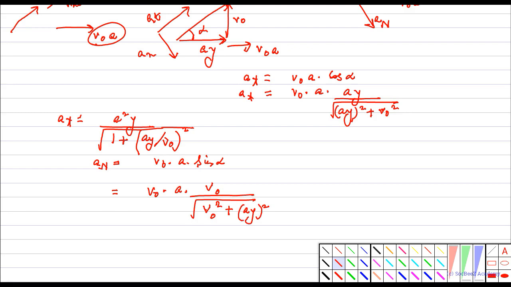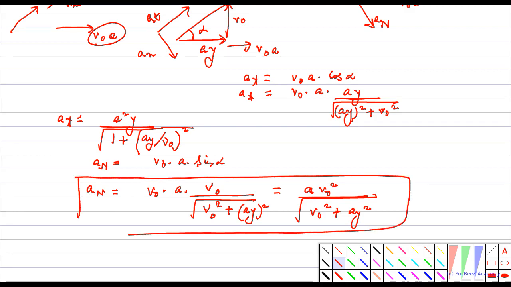So this turns out to be a v0 square upon root over v0 square plus ay square. So this is the normal acceleration. Fine, this is what we had to find out in the second half of the problem.